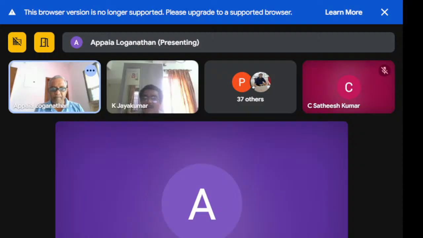Is the screen visible now? Yes, it's clearly visible.